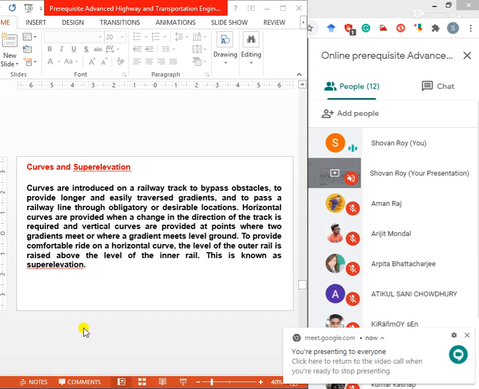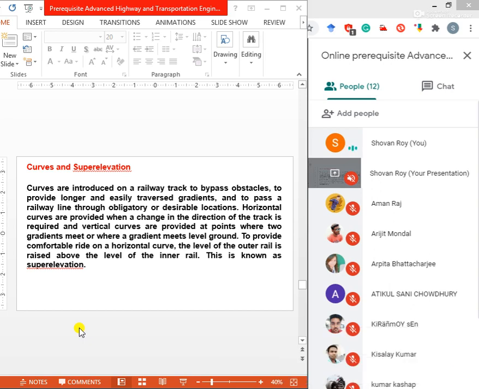Actually, curves are introduced on railway track to bypass obstacles, to provide longer and easily traversed gradients, and to pass a railway line through obligatory or desirable locations.